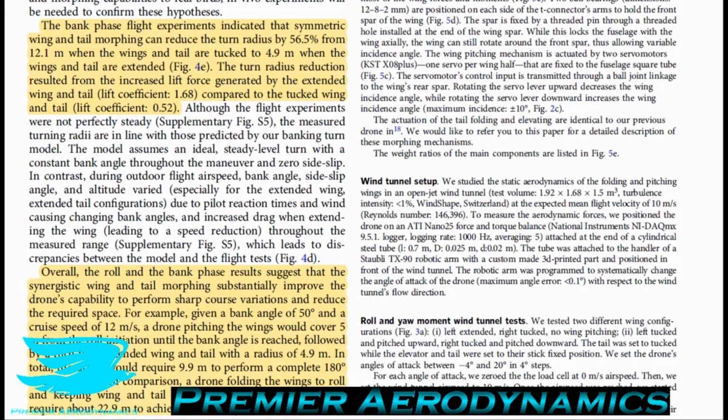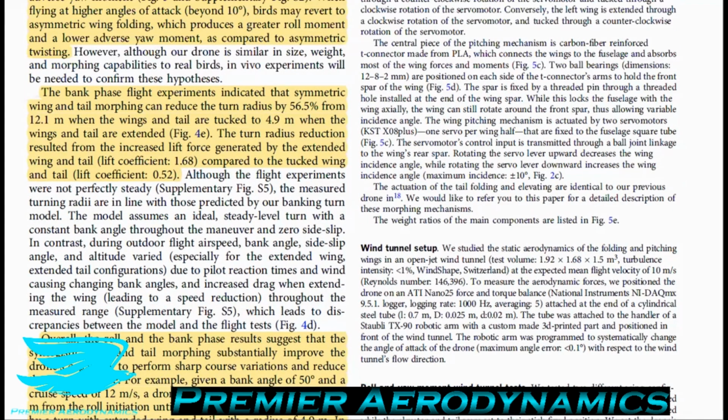For example, given a bank angle of 50 degrees and a cruise speed of 12 meters per second, a drone pitching its wings would cover 5 meters from the roll initiation until the bank angle was reached, followed by a turn with the extended wings and tail with a radius of 4.9 meters. So in other words, it would only cover 9.9 meters to perform a complete 180-degree turn. In comparison, a drone that folds its wings to roll and keeps its wing and tail tucked during the turn needs 22.9 meters to achieve the bank angle of 50 degrees.